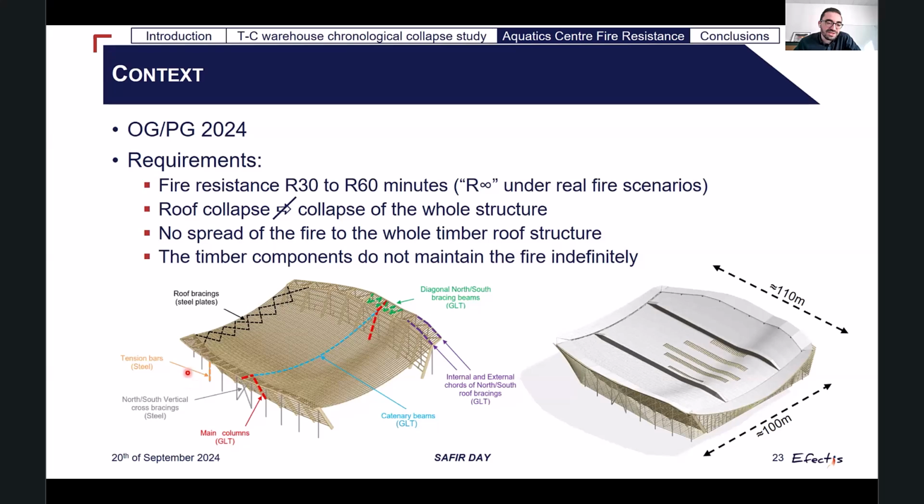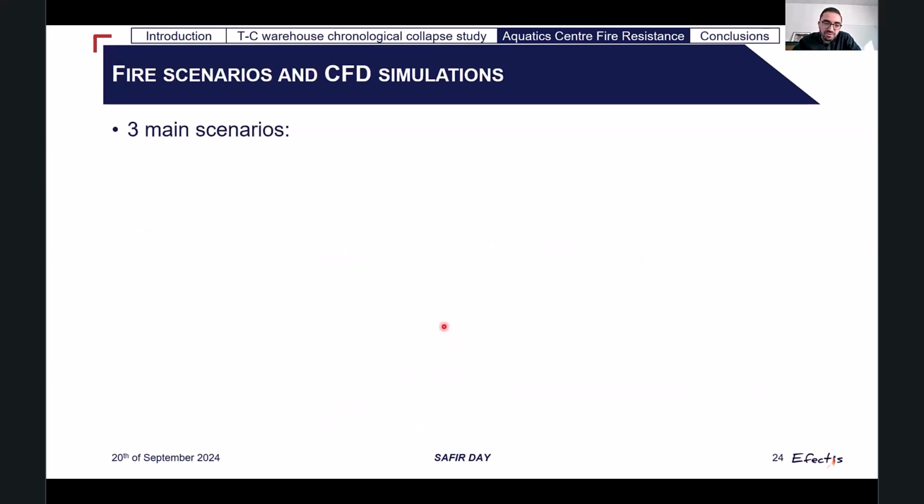You also have steel tension bars here at every column that give equilibrium to the system. And you have also other wooden and steel elements like the cross bracing, the roof bracings, and the bracing beams here. So for the fire resistance, we decided to study three main scenarios.